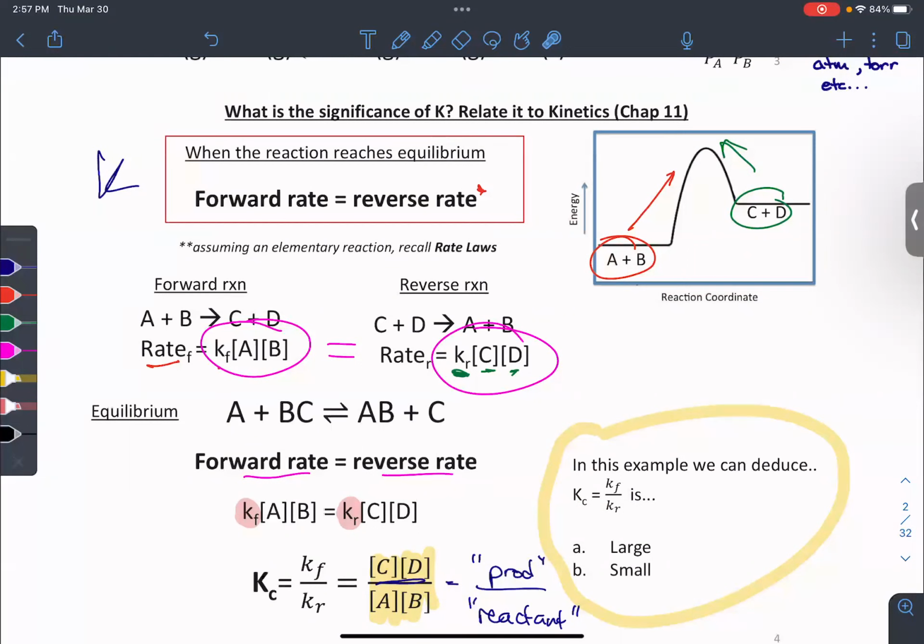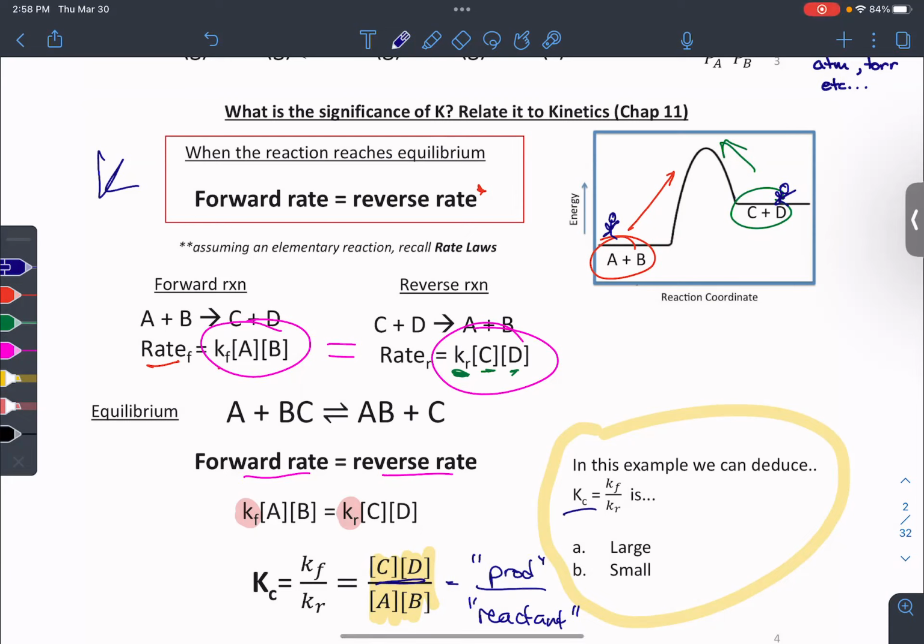Rate constant for the forward reaction, is it fast or slow compared to the reverse reaction? Ask yourself, stand on this hill, you stand right there versus stand right there. In which direction are you going to go over the hill faster? The reverse reaction, right? So that means the reverse rate constant is a bigger number.